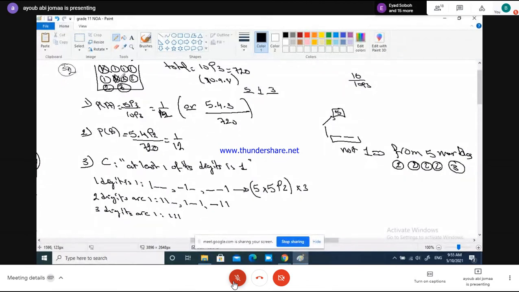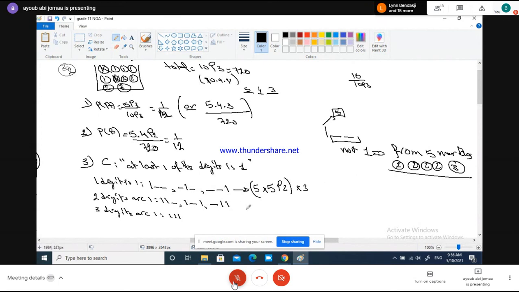They should be from this set of 5 marbles. So the number of ways will be 5p2. I'm going to select 2 from 5, where order is important. Repetition is not allowed. 5p2. Okay? So 5 times 5p2 for this case. نفسهم عندي اياهم هودي 3 cases, multiply by 3.